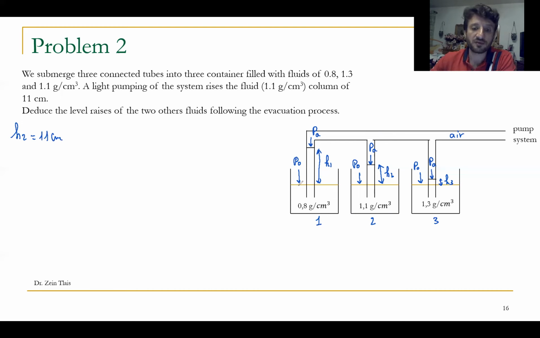Here we have point A. We can start by this one. Here we have A and B. PA equals PB. As we have the same fluid and the same level, we get the same pressure. So we have the same level and the same liquid.